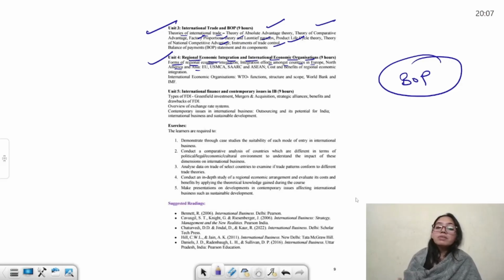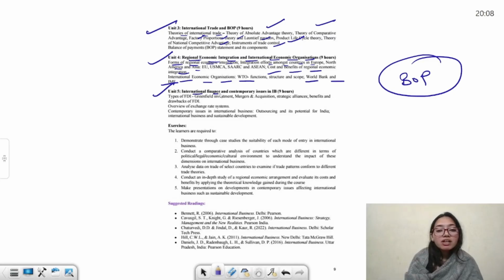Some bilateral and multilateral agreements, and costs and benefits of regional economic integration. International economic organizations such as WTO, how it functions, how it's structured, its scope in the real world, and how the World Bank and IMF function, and how they help businesses or the economies at large.